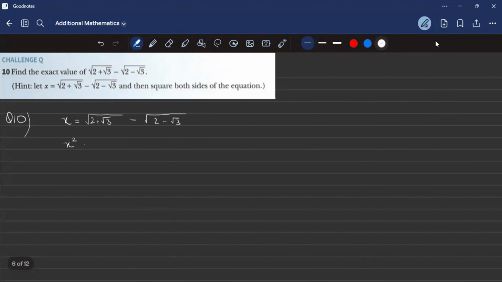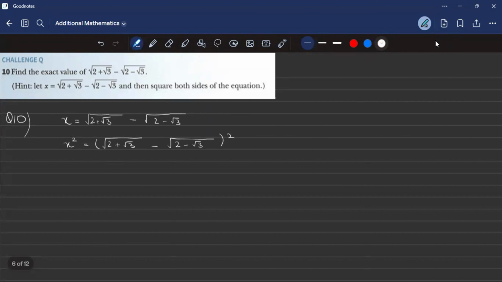So x squared is equal to under root of 2 plus under root 3 minus under root of 2 minus under root 3, whole squared. Now it's very important to apply a whole square, not an individual square.